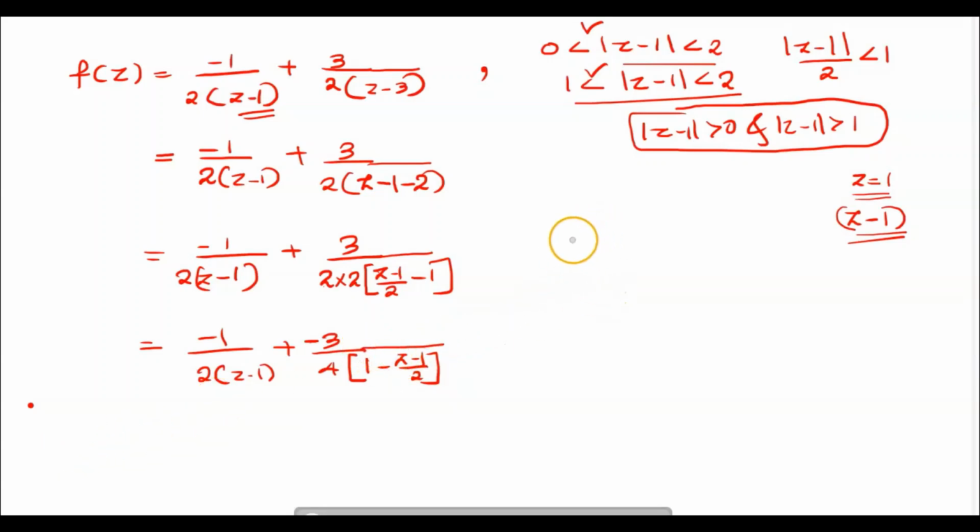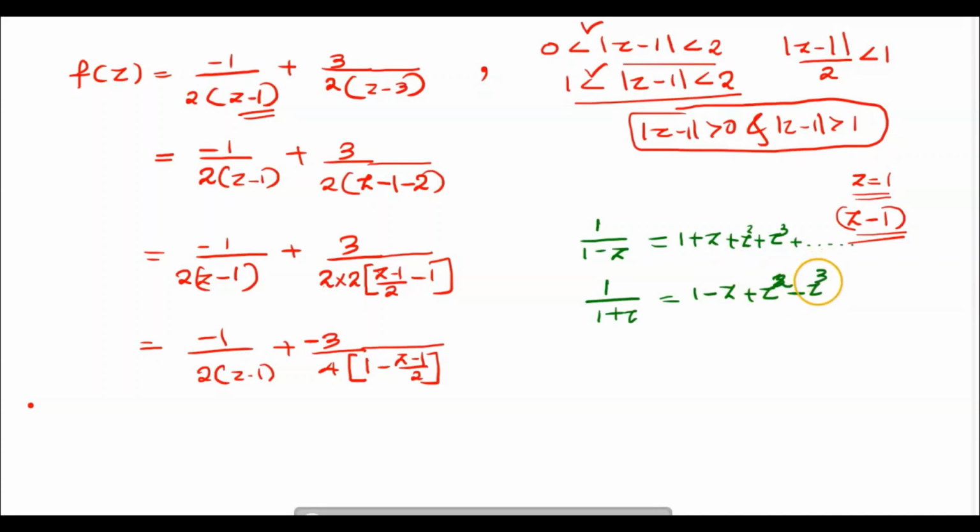Always remember the geometric series 1 by 1 minus z and 1 by 1 plus z. Here we want 1 by 1 minus z, which is equal to 1 plus z plus z square plus z cube, etc. And 1 by 1 plus z has alternating plus and minus: 1 minus z plus z square minus z cube plus z raised to 4, etc. And these both are valid for mod z less than 1.